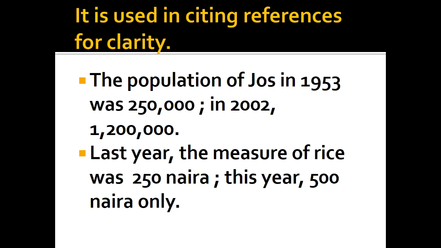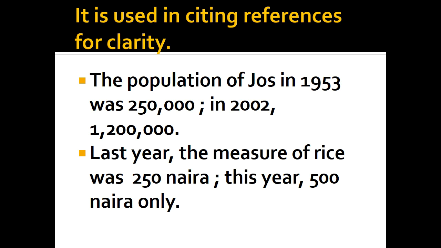It is used in citing references for clarity. For instance, the population of Jos in 1953 was 250; in 2002, 1,200,000.